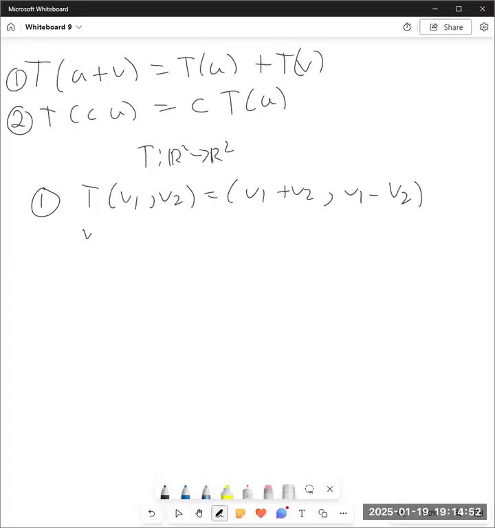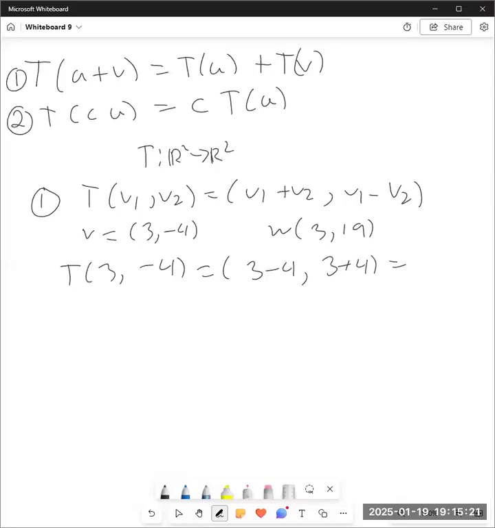We want a V here of V equals 3, -4, and W is 3, 19. So I want T of 3, -4, which will be 3 minus 4, and then 3 plus 4, that is -1, 7.